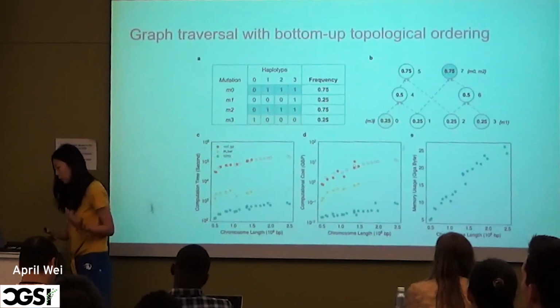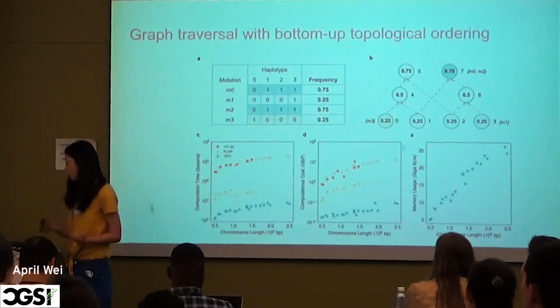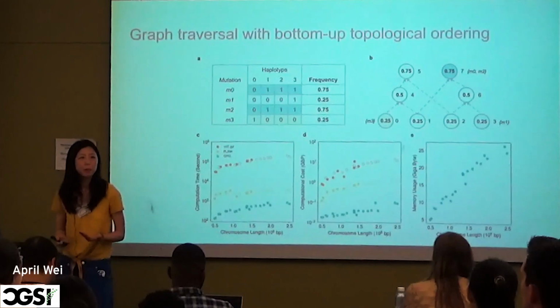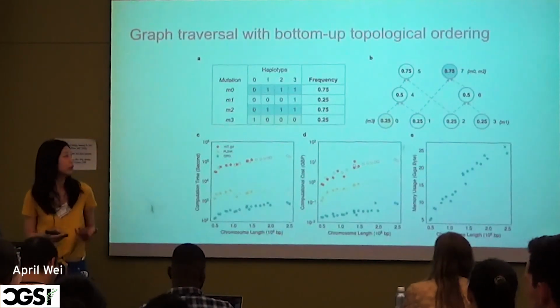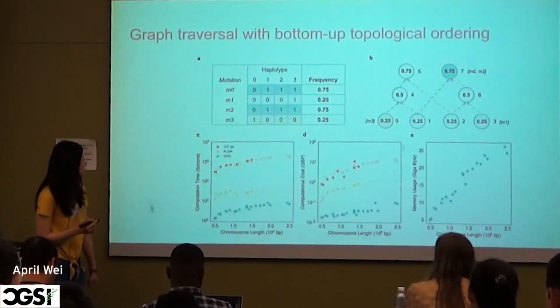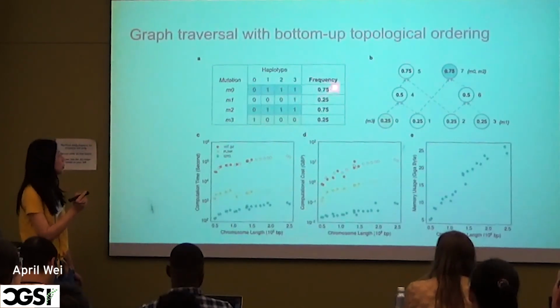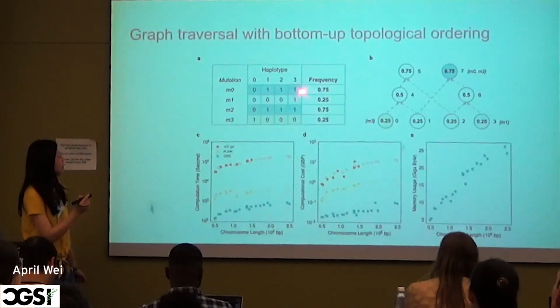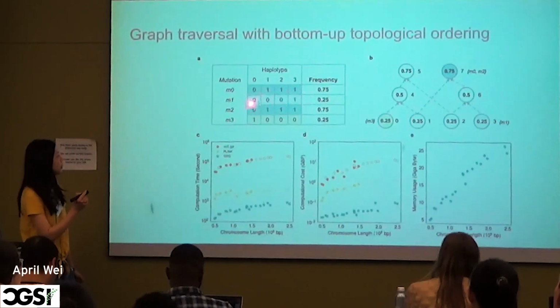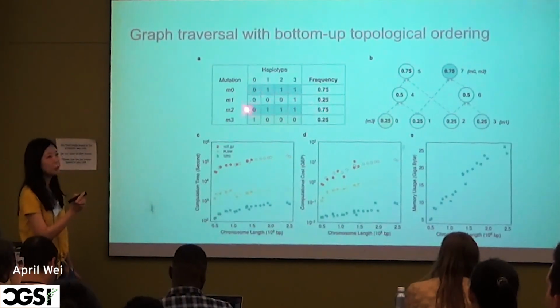And so I want to also illustrate how to do computation in this new graph structure. So regularly, if we have a tabular data structure to compute allele frequency, we will need to go through each row and do the counting, and then summarize the frequency. So it would be sequential, row by row.